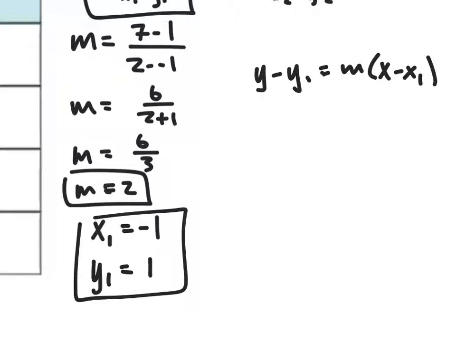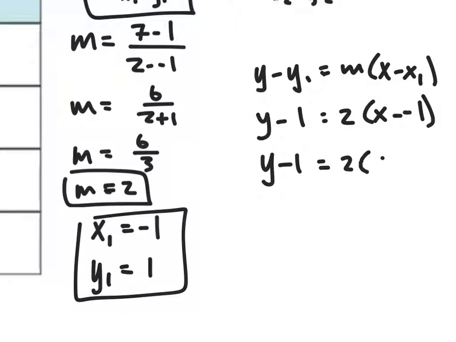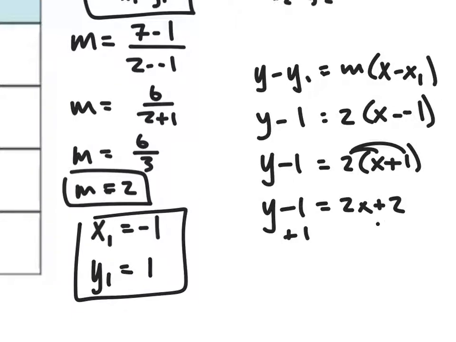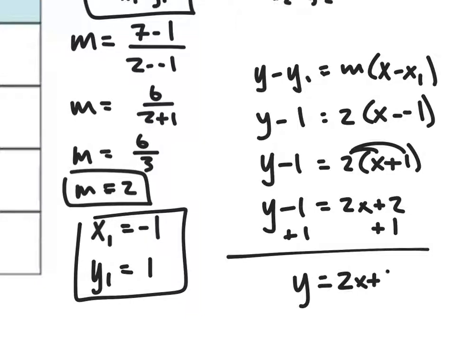So y minus y sub 1, which is 1, is equal to 2 times x minus negative 1. I've got y minus 1 is equal to 2 times x plus 1. I'm going to distribute my 2, so y minus 1 is equal to 2x plus 2. Add 1 to both sides, and I get that y is equal to 2x plus 3.